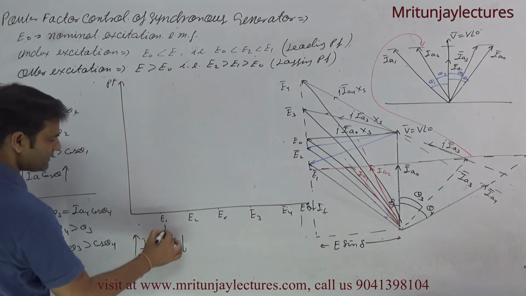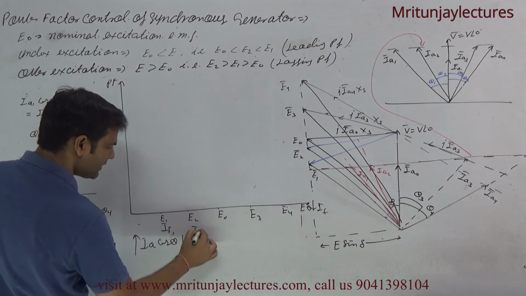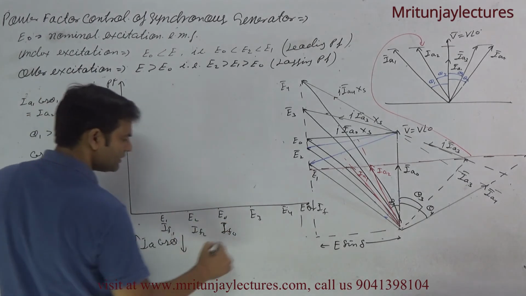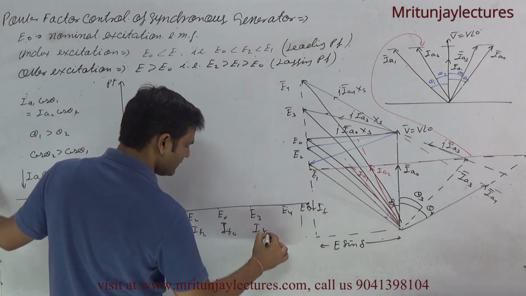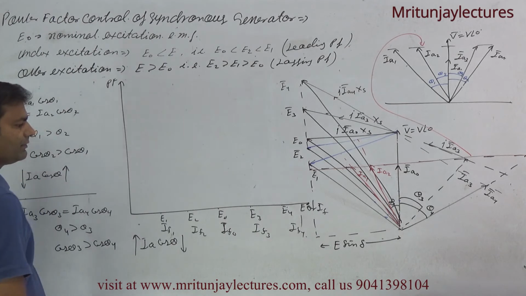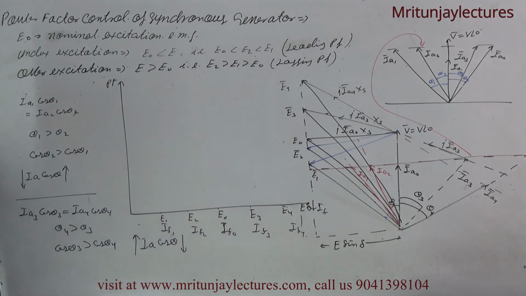If you want to write corresponding to field excitation current, that is field current, corresponding to this one that is IF3, and that is IF4.